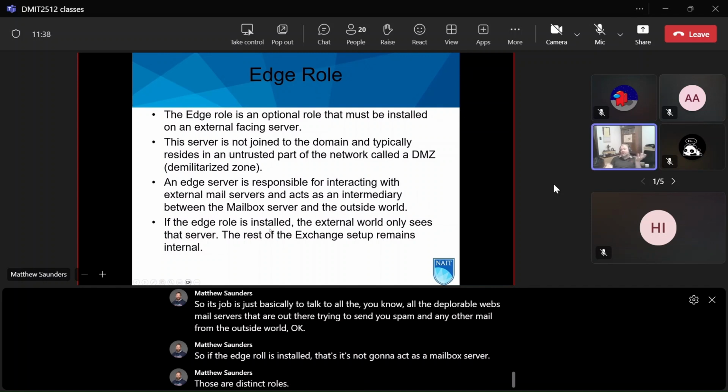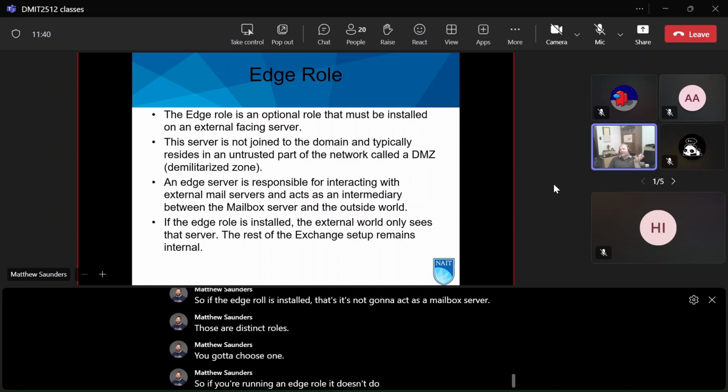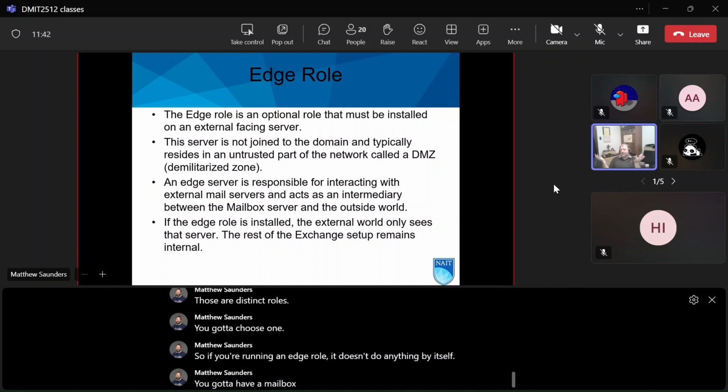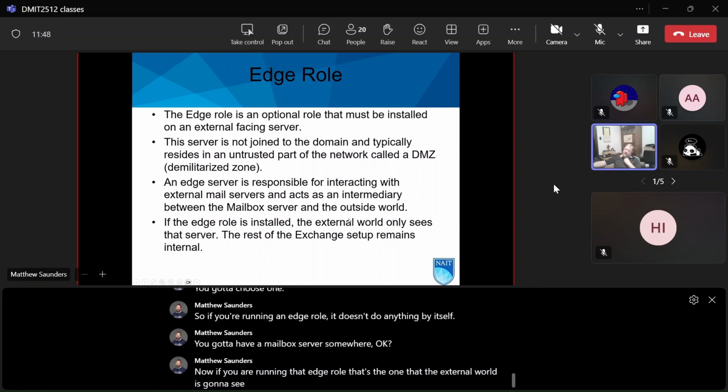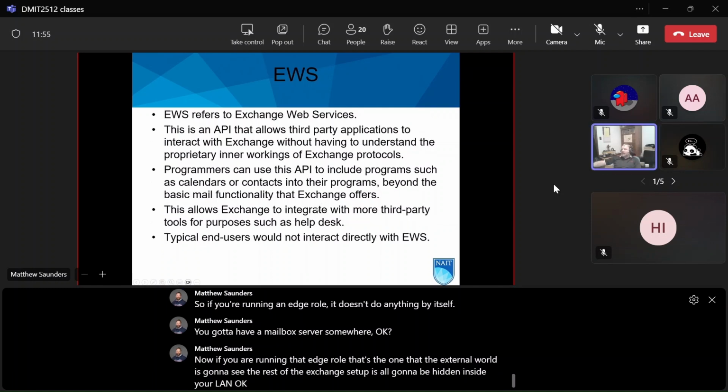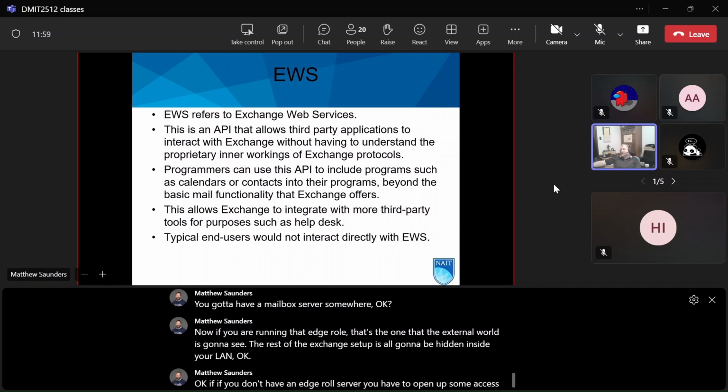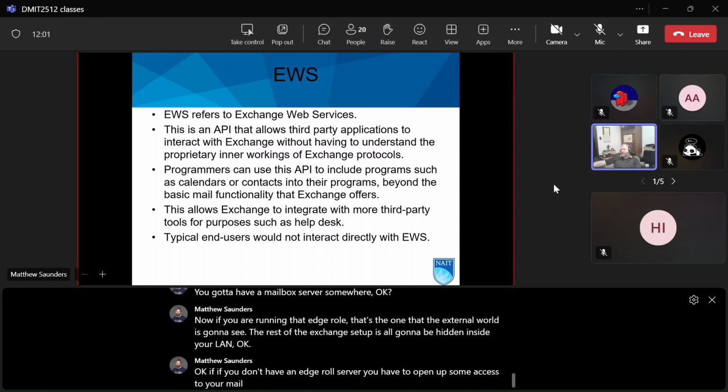So if you're running an edge role, it doesn't do anything by itself. You got to have a mailbox server somewhere. Okay. Now, if you are running that edge role, that's the one that the external world is going to see. The rest of the Exchange setup is all going to be hidden inside your LAN. Okay. If you don't have an edge role server, you have to open up some access to your mail server to get any mail from the outside world.